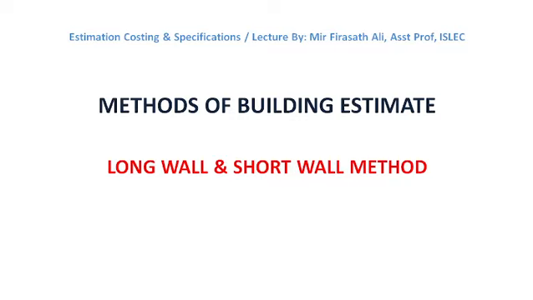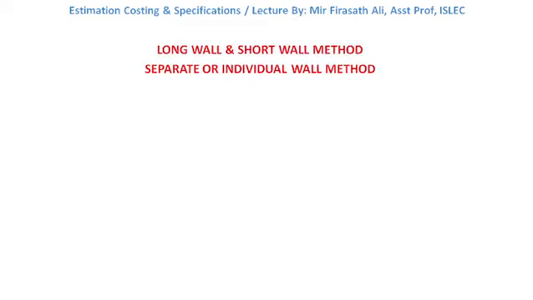Now let us see some detailed calculations which we have to use in long wall and short wall method. The name itself says long wall and short wall method. The other name for it is separate or individual wall method. What we do in this method is, we measure or find out the external length of the wall running in the longitudinal direction.